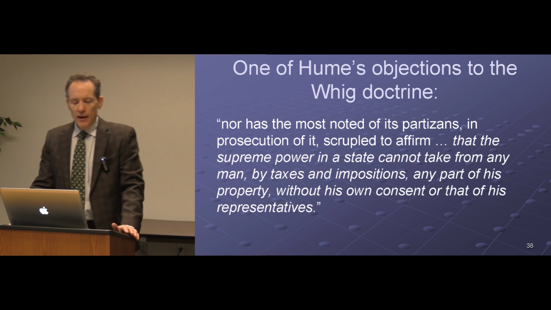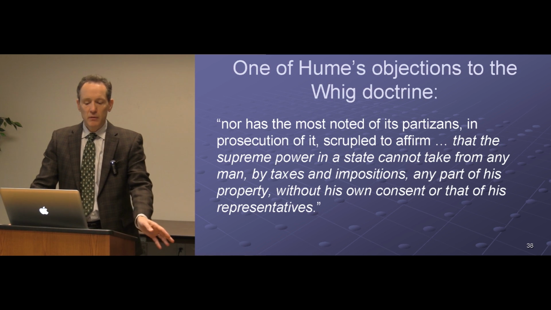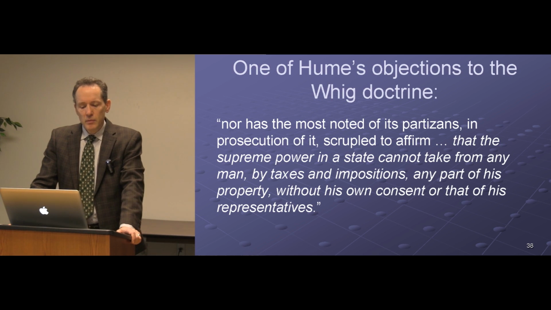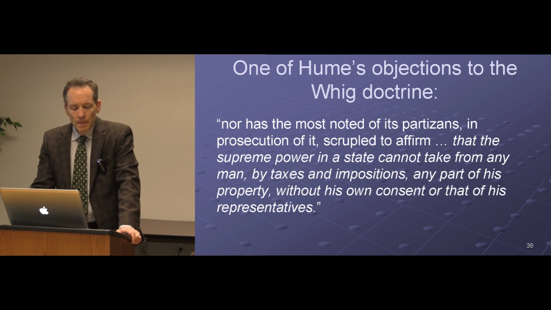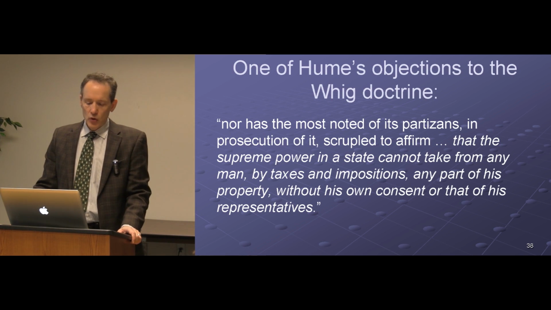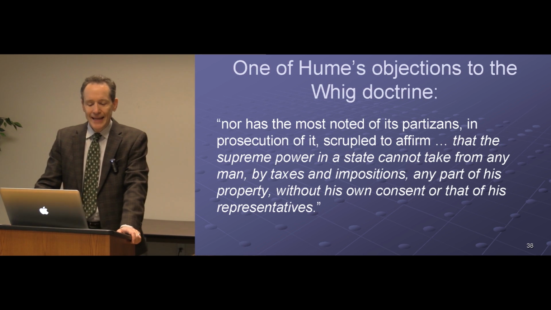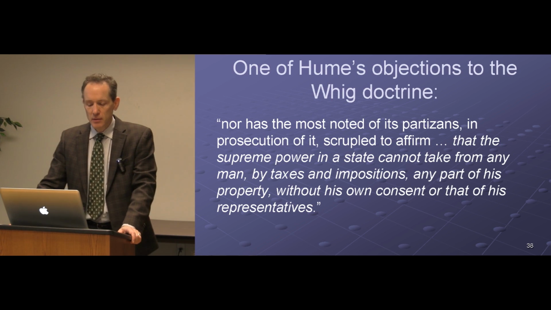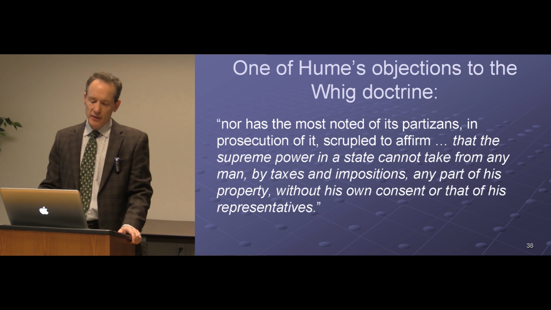Okay. Now, Hume makes many objections to the Whig doctrine. He was a big critic of social contract theory. And one of them is as follows: "Nor has the most noted of the Whig doctrine's partisans, in prosecution of it, scrupled to affirm that the supreme power in a state cannot take from any man, by taxes and impositions, any part of his property without his own consent or that of his representatives."